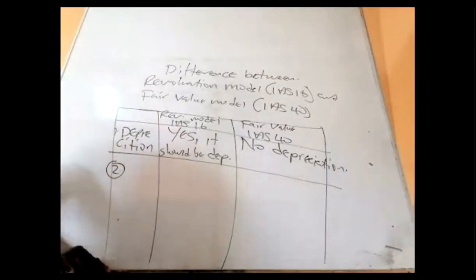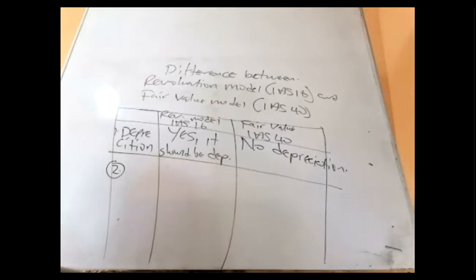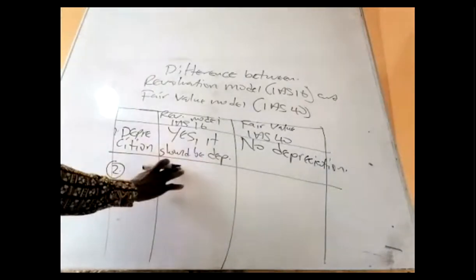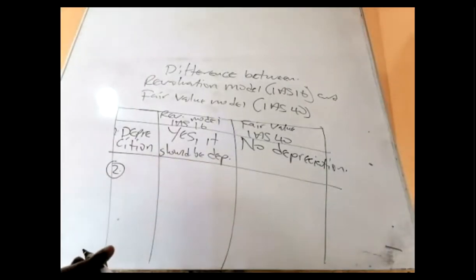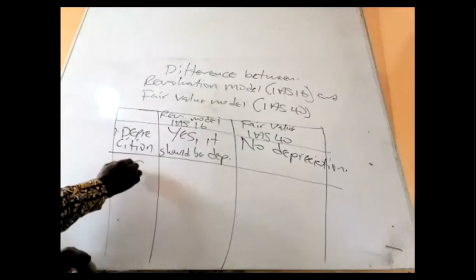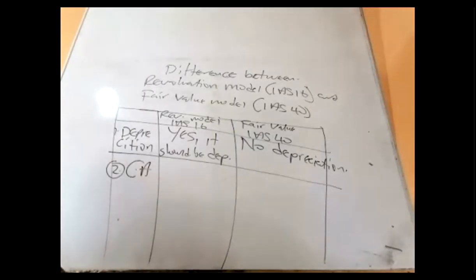Difference number 2: how we find the carrying amount of the assets. How do we determine the carrying amount?